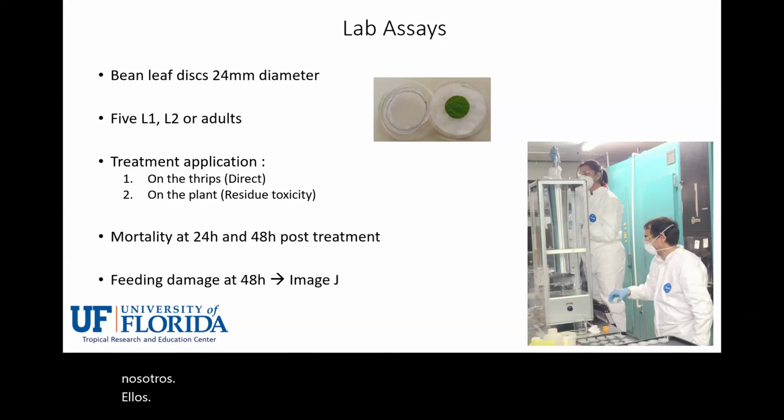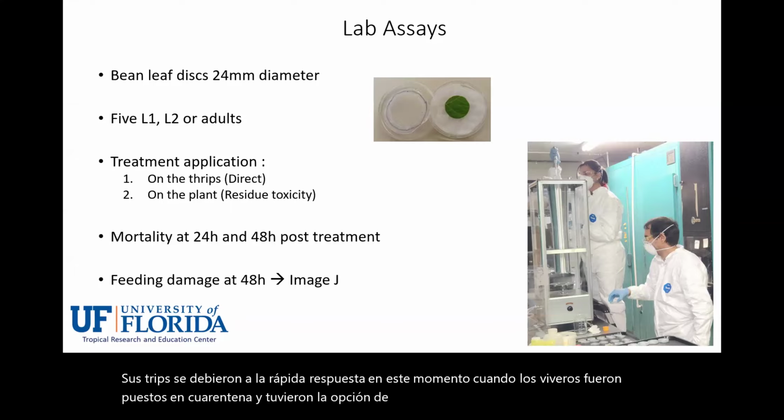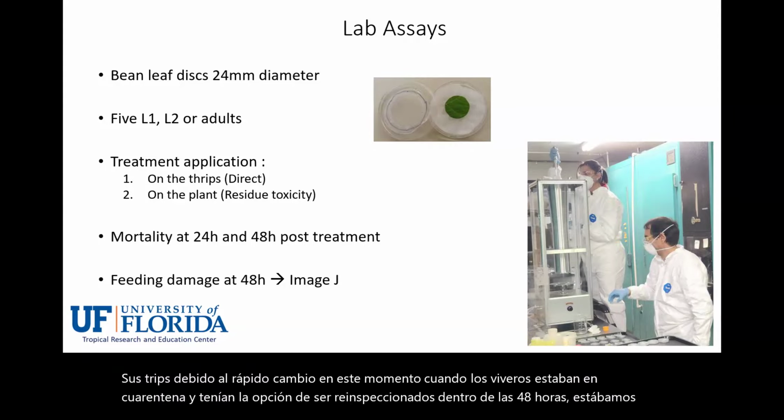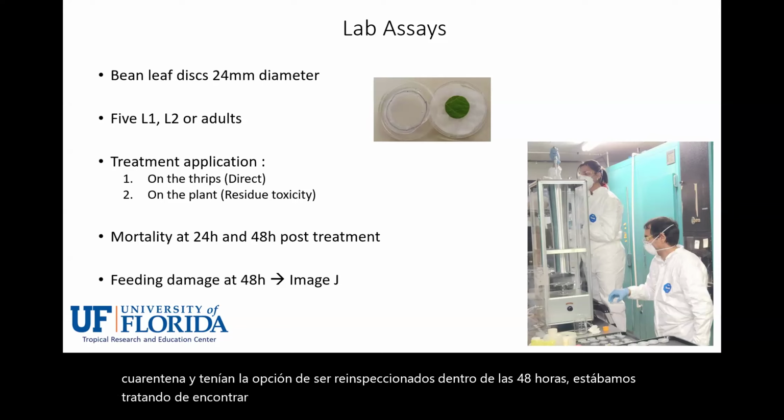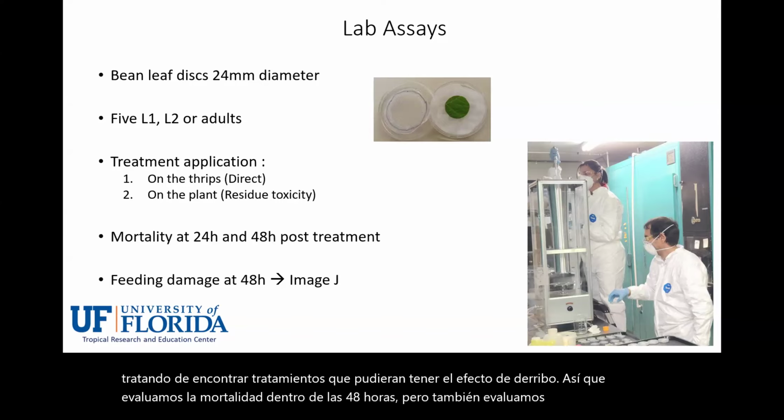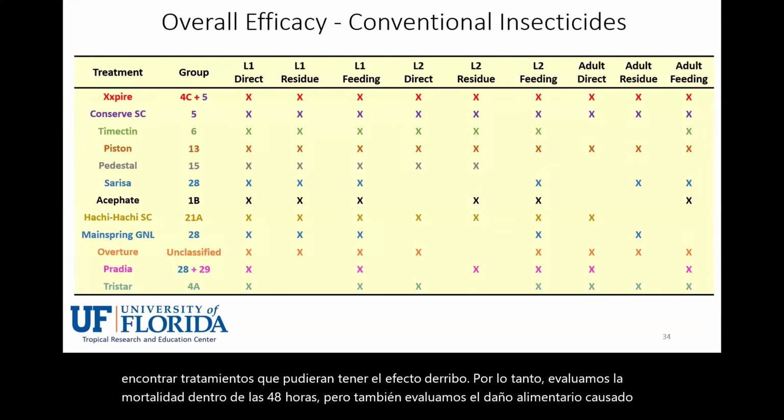Due to the fast turnaround at this time, when the nurseries were quarantined and they had the option to be re-inspected within 48 hours, we were trying to find treatments that can have the knockdown effect. So we assessed mortality within 48 hours, but we also assessed the feeding damage caused by the thrips within these 48 hours.